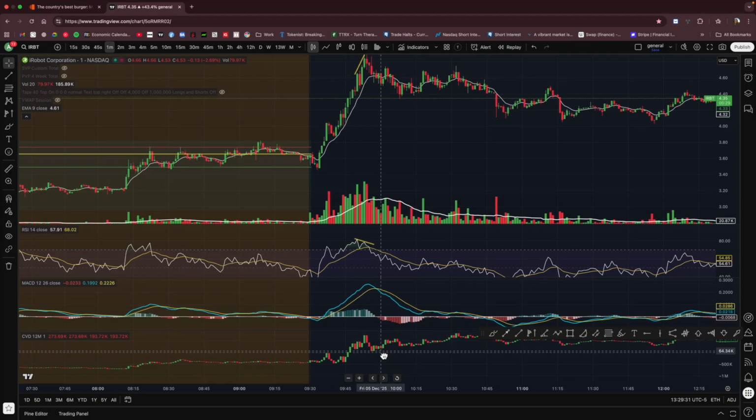Right, going back to CVD, when we see the buying aggression coming up and going down, we can see that just here, when there's this quite large aggressive candle, that was a good sign to get out, and particularly the second one.